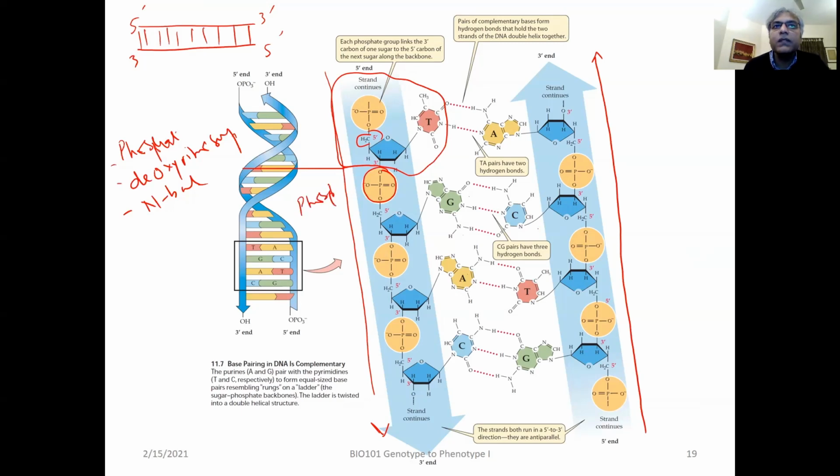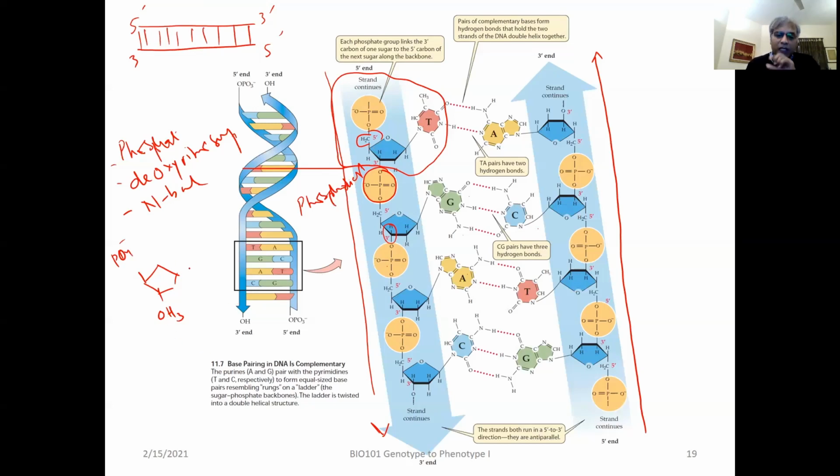And it makes a phosphodiester bond. This is called a phosphodiester bond. The phosphate group makes this phosphodiester bond with the hydroxyl group of this nucleotide. So what we have here is a hydroxyl group, and here a phosphate group.